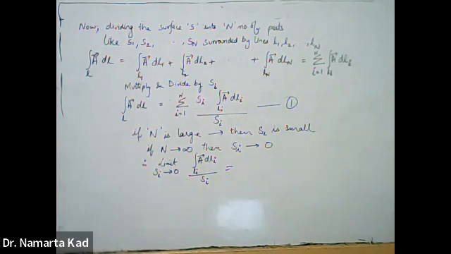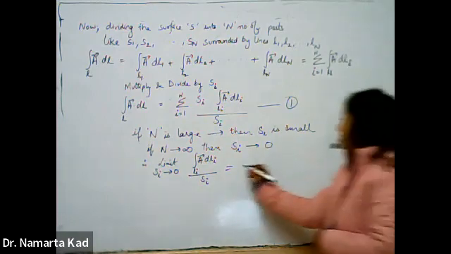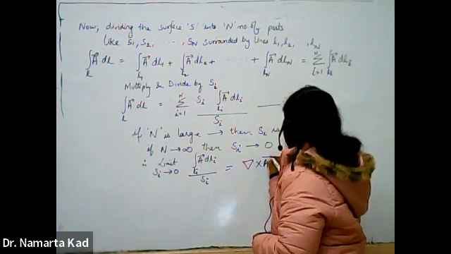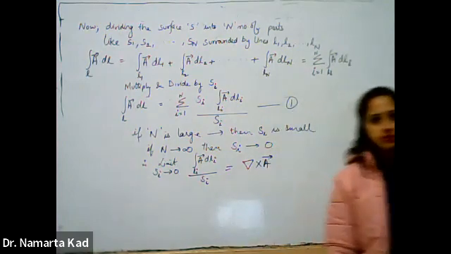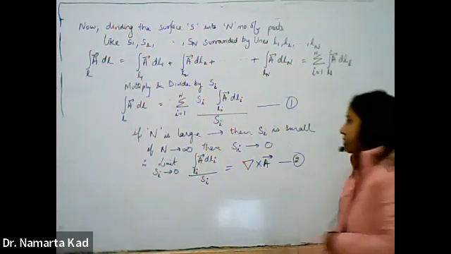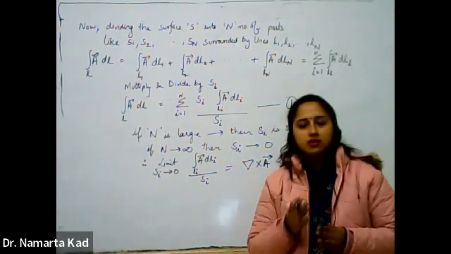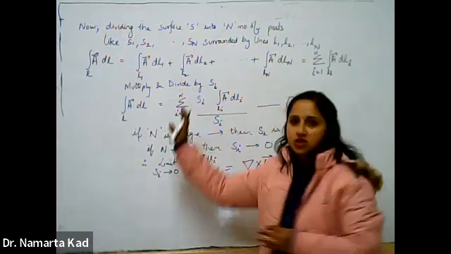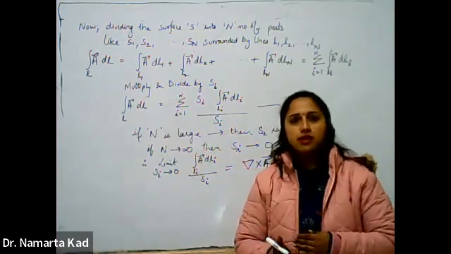Okay, this formula represents your curl operation. That means this is equal to del cross A vector. Mark it as equation number 2. Now in the next step, just convert this pending summation sign into the integration.